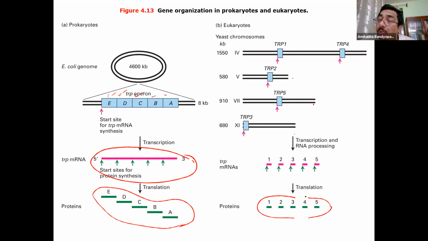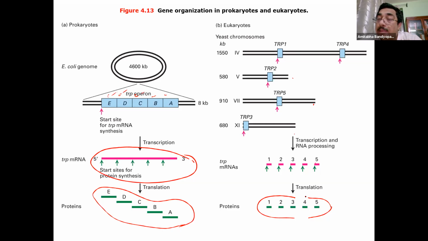Here you have to have only one command control center. Here you have to have 5. So it had to be developed 5 times over that exactly the same kind of regulation is there. So then what is the advantage? Why did we need to do that in eukaryotes or more complex organisms?